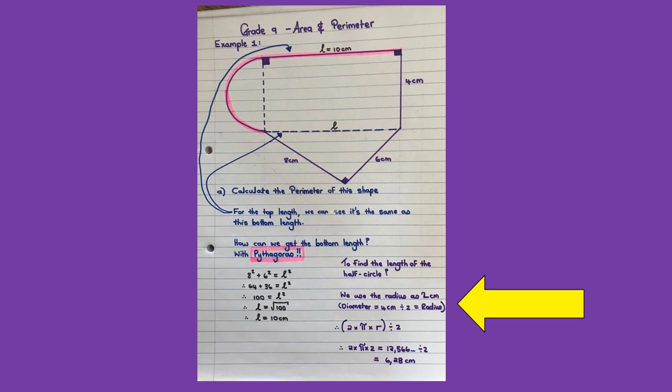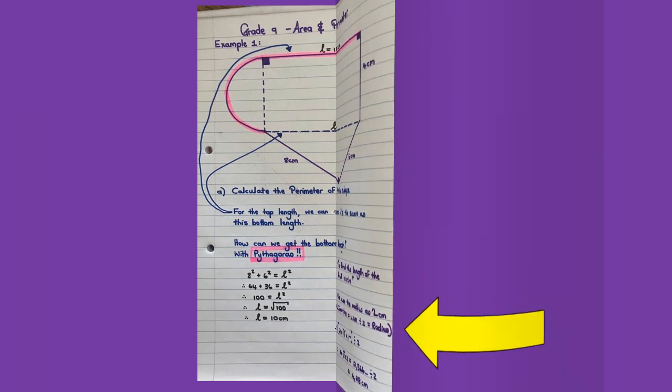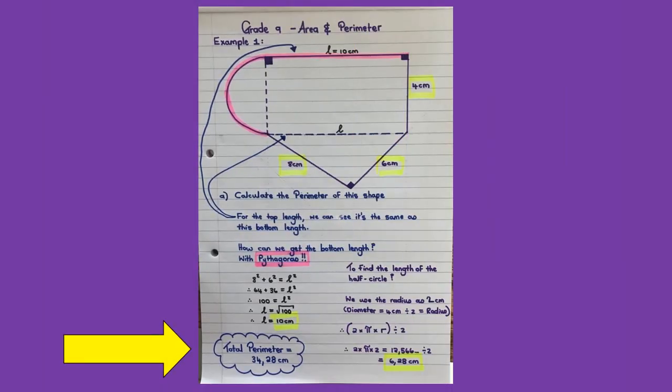Yes, we do. We've got the 10 there on top, we've got a 4, a 6, an 8, and that semicircle is 6.28 centimeters. So now we can just add all those sides together to get our total perimeter, which is 34.28 centimeters.